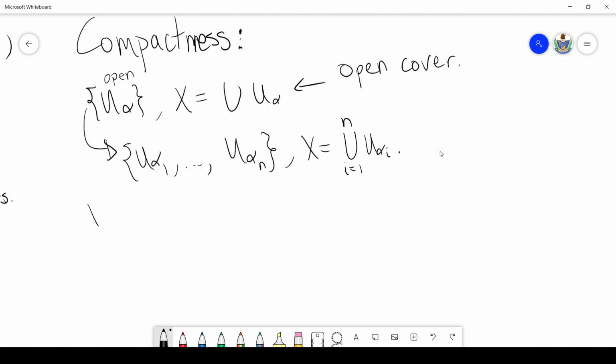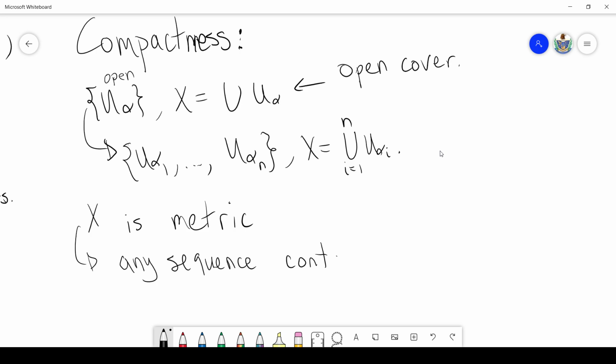If x is a metric space, there is an equivalent formulation of compactness, which states that any sequence contains a convergent subsequence.